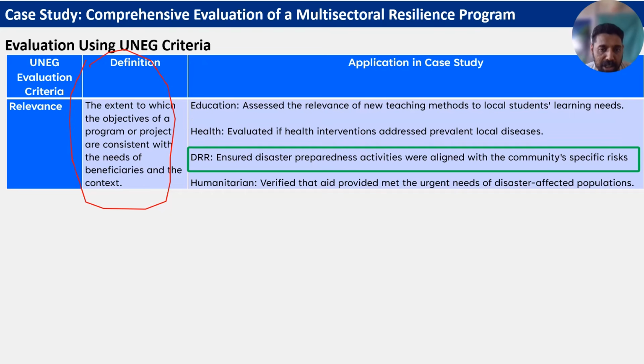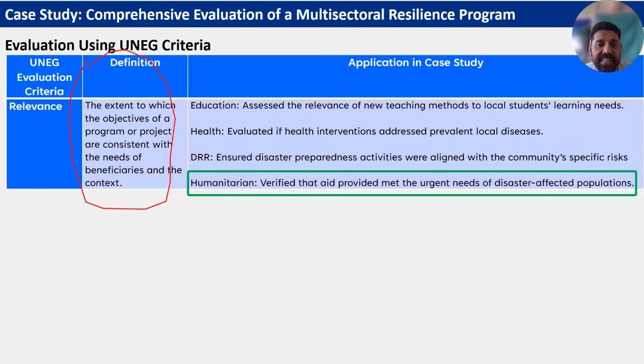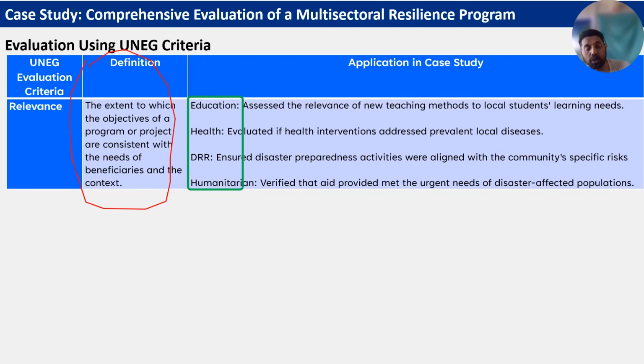And DRR, ensure disaster preparedness activities were aligned with the community's specific risk. Humanitarian, verify that aid provided met the urgent needs of the disaster-affected population. So for all these 4 sectors in the same project, this would be the application of the relevance criteria.